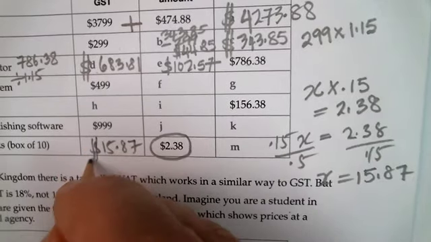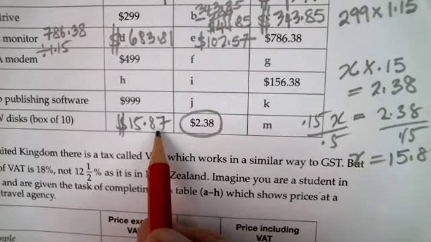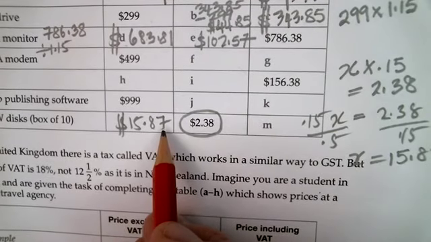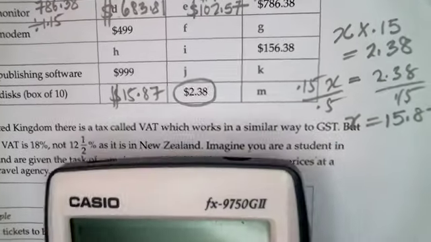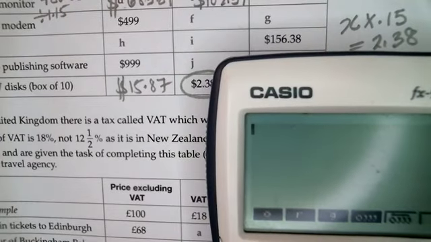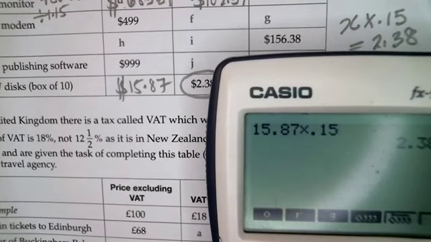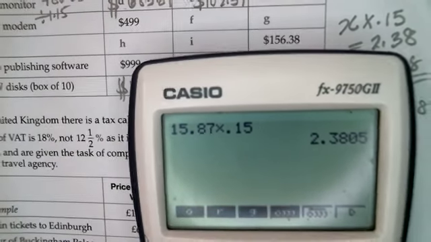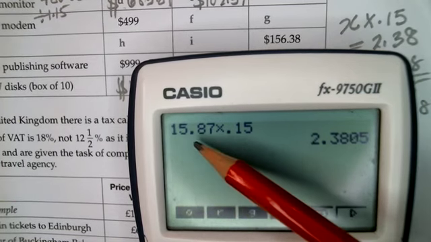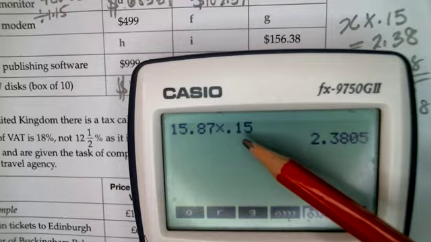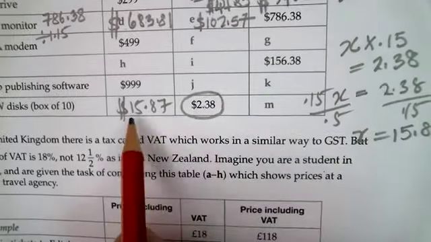Now, we can check that because if I've got 15.87 and I multiply it by 0.15, I should get the GST, which is $2.38. Is that correct? Let's have a look. $15.87 multiplied by 0.15, and I get 2.38 and change. Yeah. So that was the correct way of doing it.